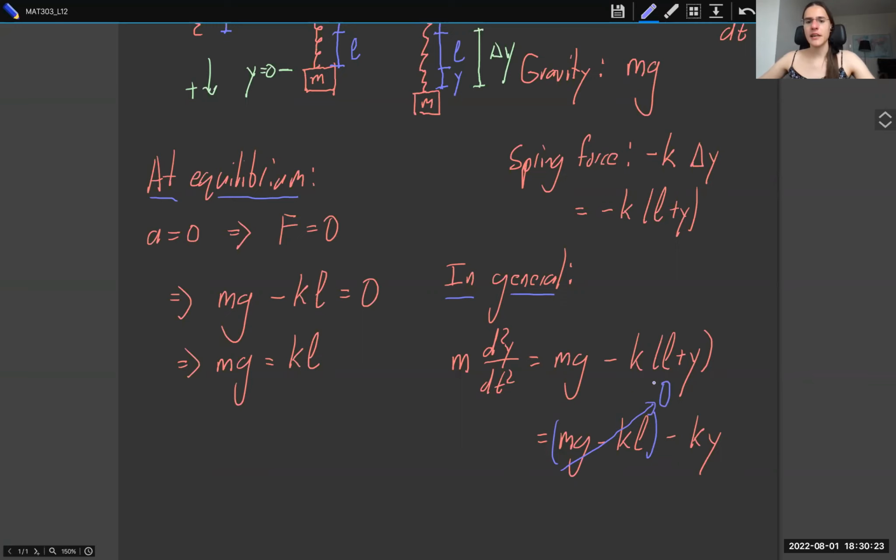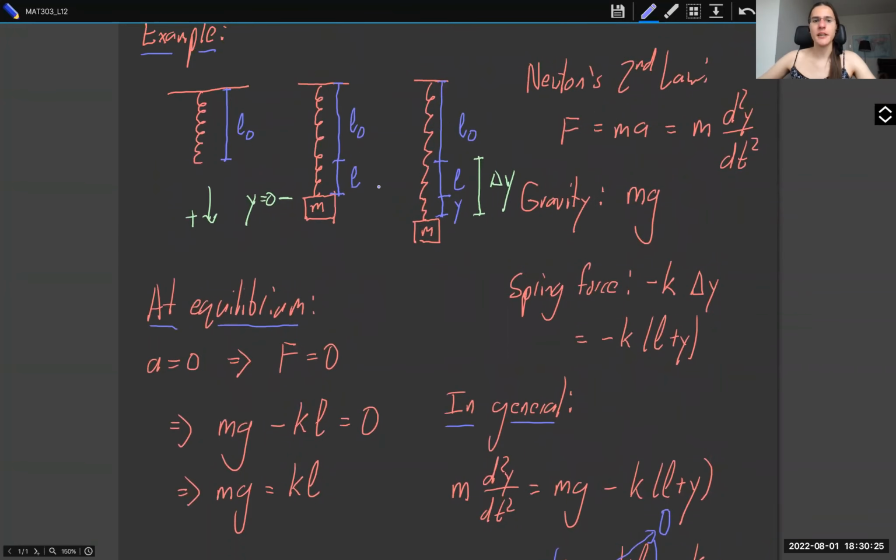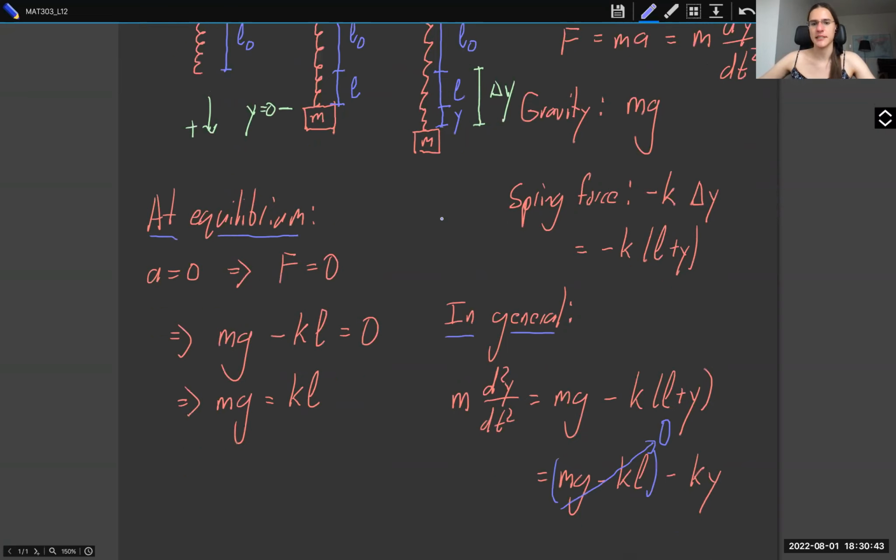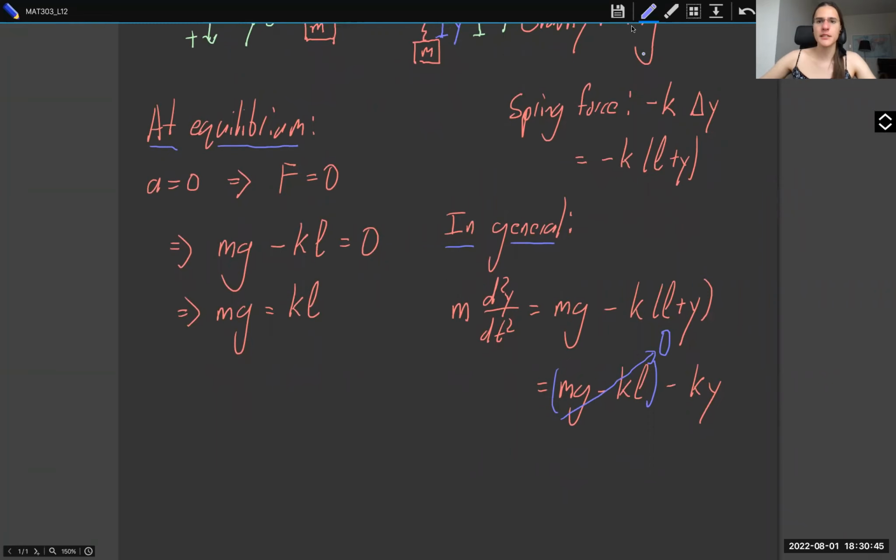So basically, in the presence of gravity, all that happens is that the spring's default state changes from being a distance L to being distance L plus L naught, and then you can forget about gravity. It's equivalent to a system in which there's no gravity at all, and the spring is just sitting at this level. So basically, gravity cancels out and we can forget about it.